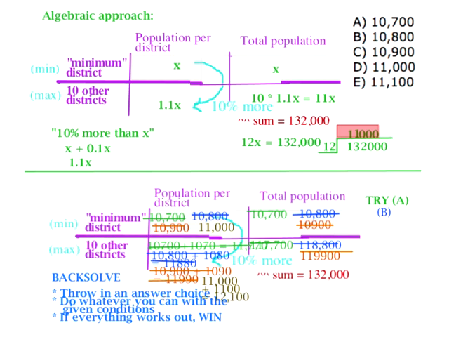So that's 11,000. That's 121,000. And that gives us 132,000. And we win. So it's D. Good stuff, ladies and gentlemen. Okay, so we are done.